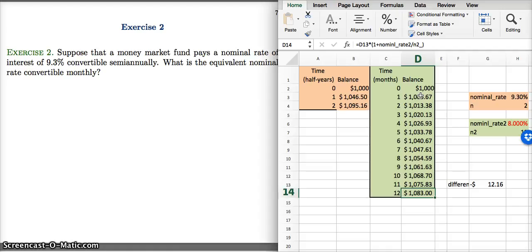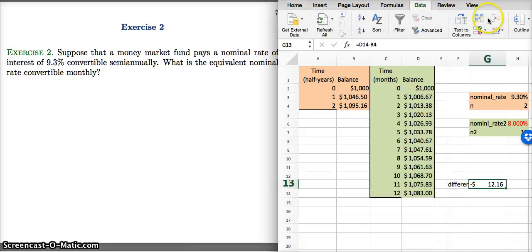I want to find the rate at which I get the same balance as I did under the 9.3% convertible semi-annually. So I want the difference between the 1095.16 and the 1083 to be 0. I've computed that difference there, and then I just have to do a solver or a goal seek.